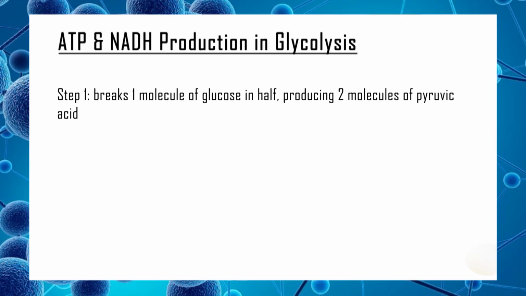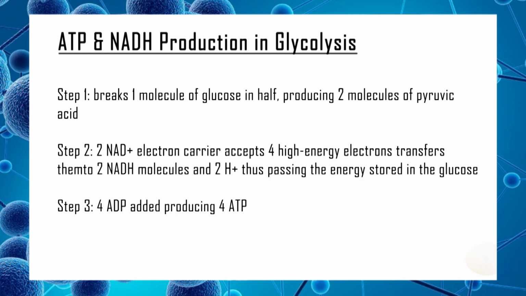Now, we will see step by step the ATP and NADH production in glycolysis. In step 1, one molecule of glucose is broken in half, producing 2 molecules of pyruvic acid, a 3 carbon compound.